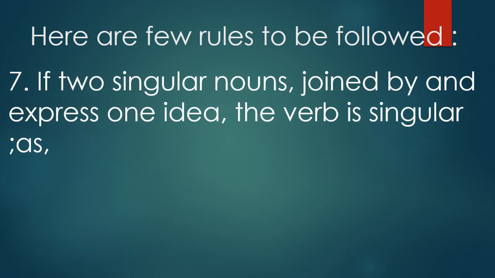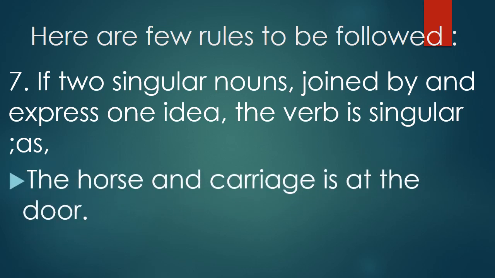If two singular nouns joined by and express one idea, the verb is singular. For example, the horse and carriage is at the door. Means the horse, which is also a carriage, is at the door. But if it would be written like this, the horse and the carriage, then we had to use are.